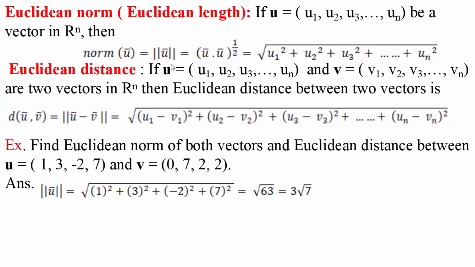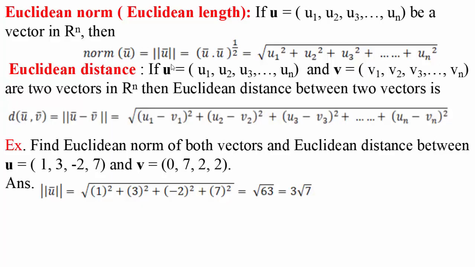Norm of u is nothing but the square root of u1 square plus u2 square plus u3 square plus u4 square. u1 is equal to 1, u2 equal to 3, u3 equal to -2, u4 equal to 7.